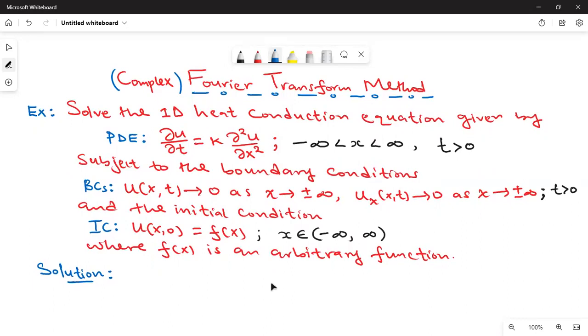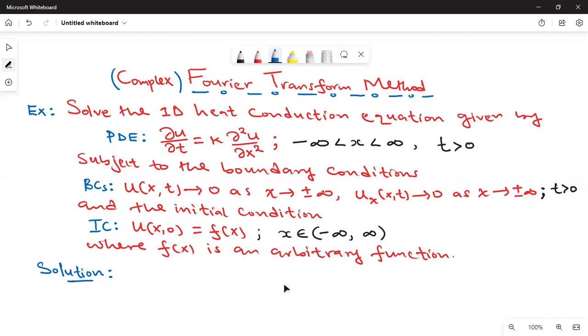Remember, we have three types of Fourier transform. The complex one, which applies for the complete domain from negative infinity to positive infinity. We'll also look at the Fourier cosine transform and the Fourier sine transform. Those ones are for half-range domain.